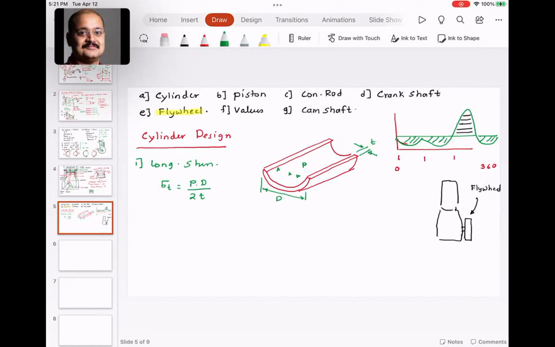Now, I just want to be clear about the energy flow here. So think about it. First, you have chemical energy. This chemical energy gets converted to mechanical energy. This mechanical energy, there is some friction, and this is available at the brakes or tires.